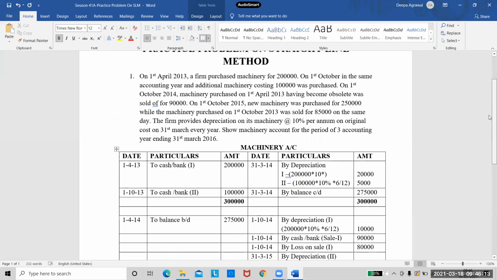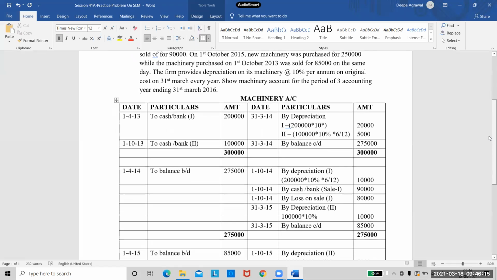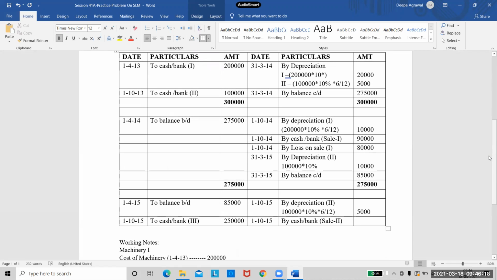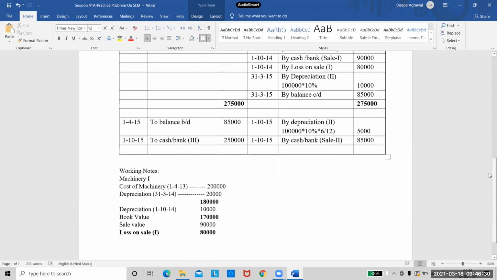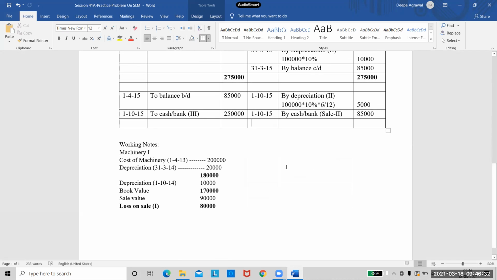See the sale value? I am selling for 85,000. Right? So now I need to calculate the profit or loss. So come back to the second machinery.